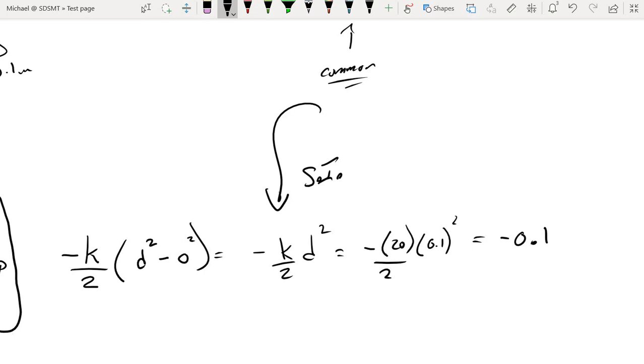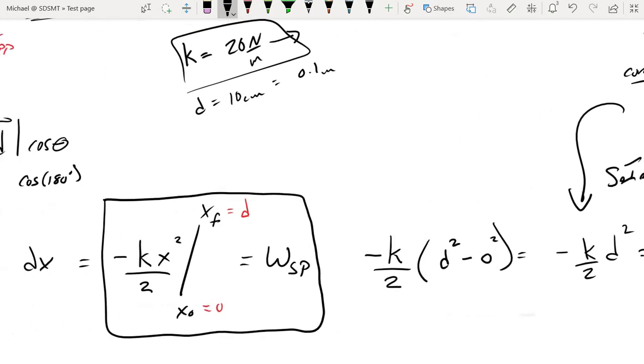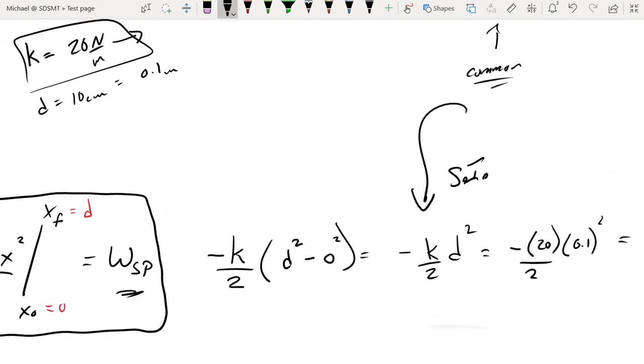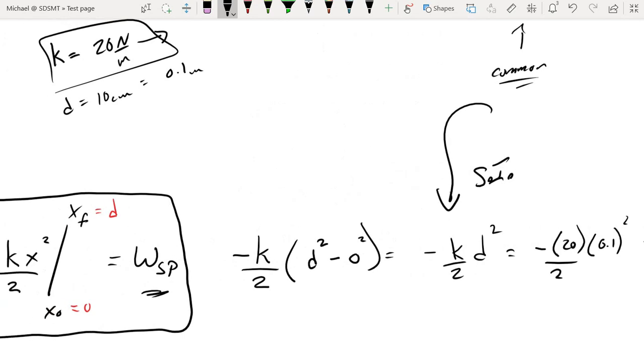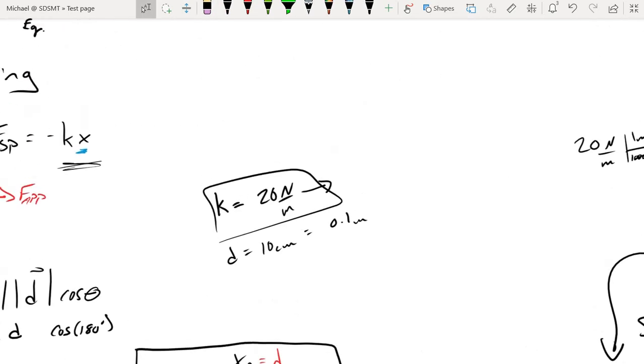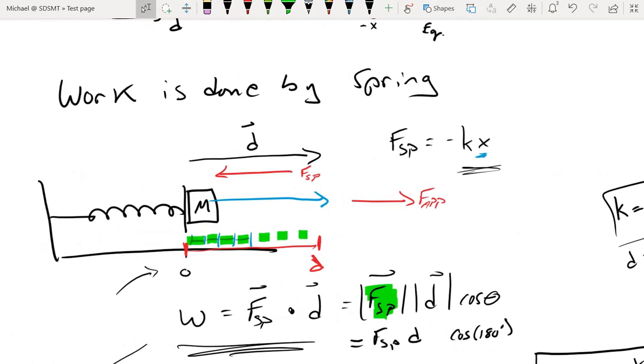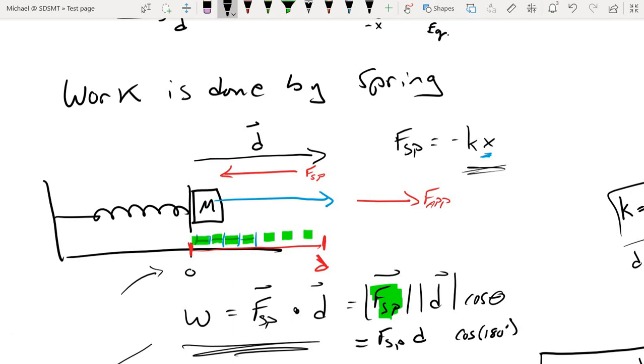Well, we just figured out how much work was being done by this spring, and work is a change in energy, which means we have done negative 0.1 joules worth of work, moving the spring from the equilibrium position out to that 10 centimeter mark.